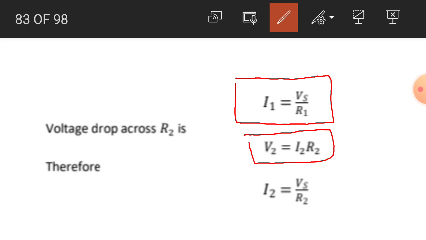So I2 will be equal to V2 divided by R2 or Vs divided by R2. We know that Vs in this particular case is equal to V2. So the current I2 will be equal to V2 by R2 or Vs by R2.